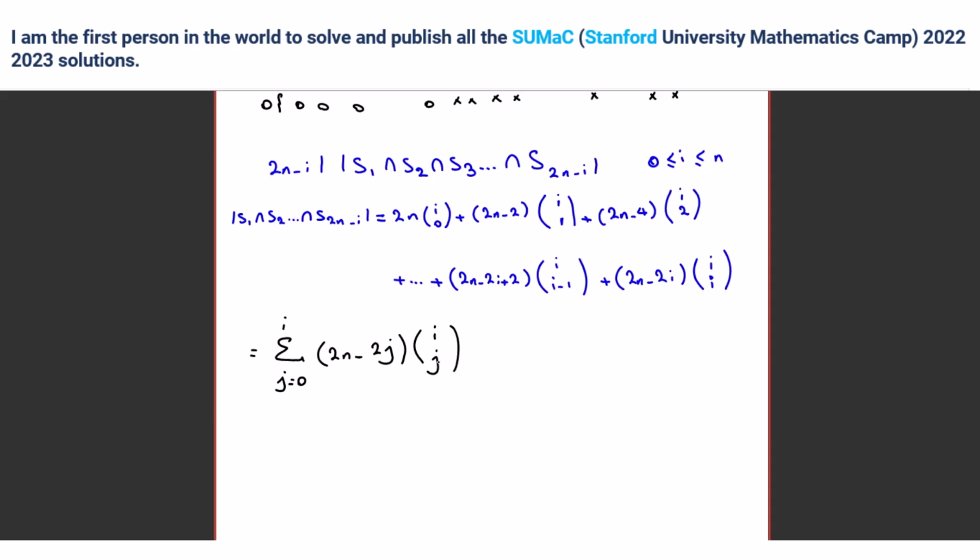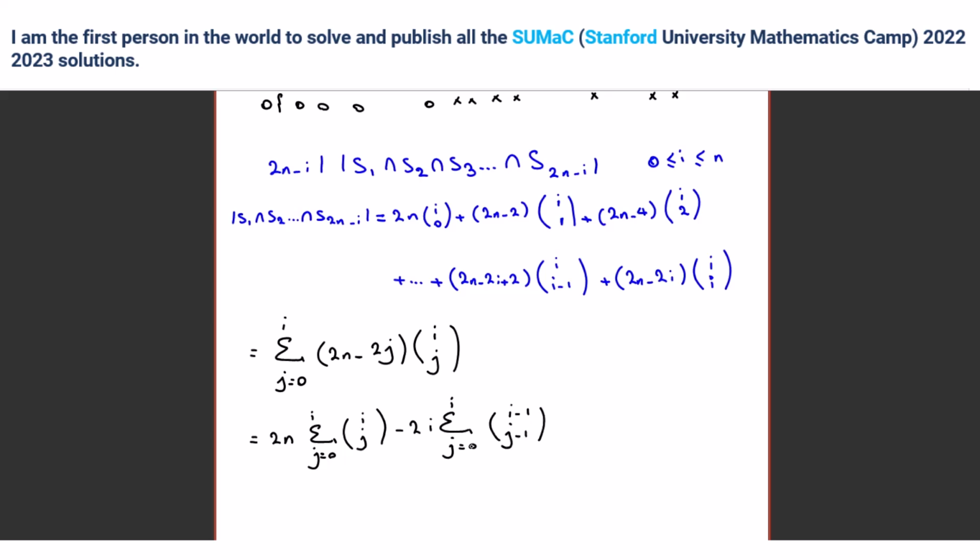Okay, and because I want to use j, I consider first 2n sigma j 0 to I choose j minus 2 times sigma j 0 to I, and then you can say j times this one is I times I minus 1, j minus 1.